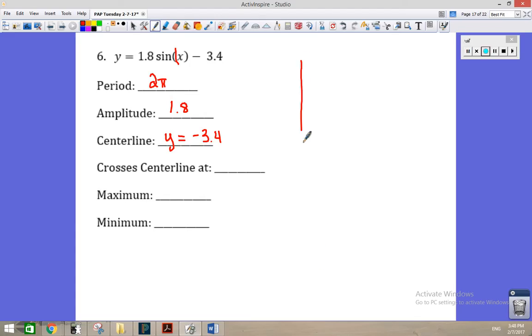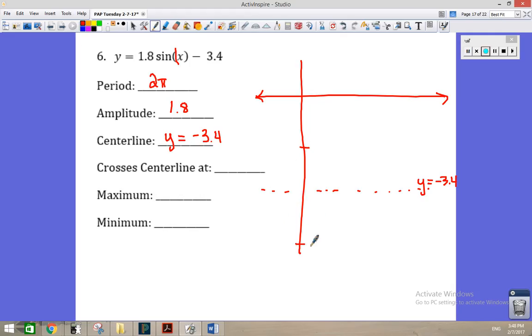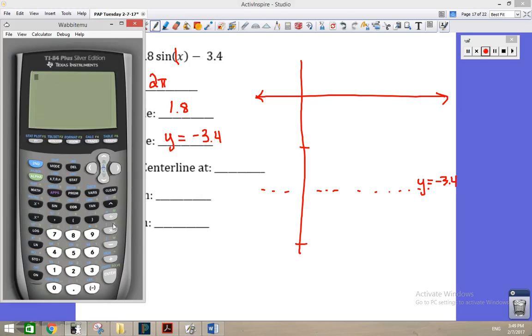So, if I think about what this graph is going to look like, my center line is below the x-axis here at y equals negative 3.4. Since my amplitude is 1.8, I'm 1.8 units above that and 1.8 units below that center line. I don't want to make a silly arithmetic error late in the day, so if I take negative 3.4 and I add 1.8, then this maximum value is negative 1.6.